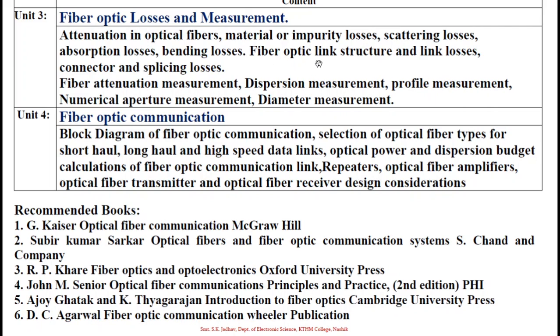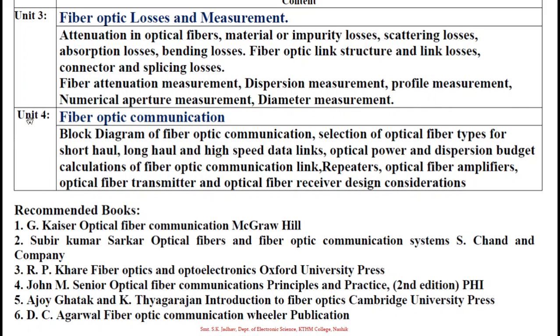Then the next topic is fiber optic link structure and link losses because of connector and splicing. Then the next topic is fiber attenuation measurement, dispersion measurement, profile measurement, numerical aperture measurement and diameter measurement.